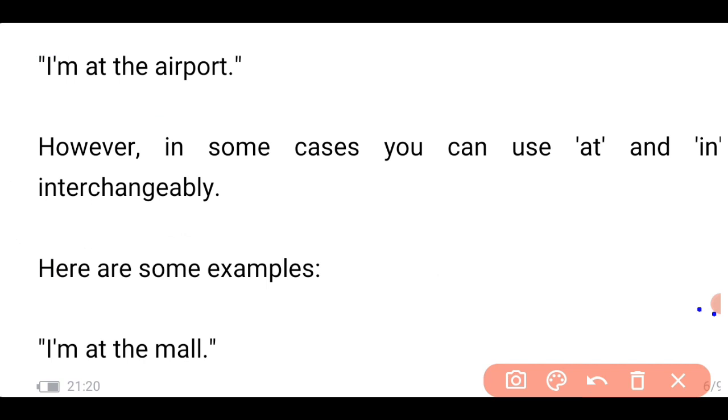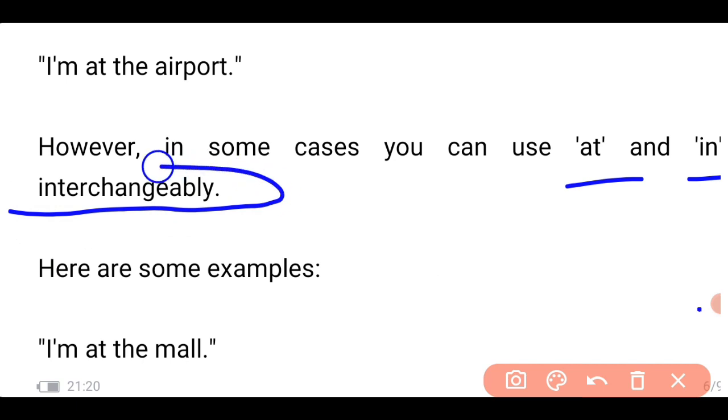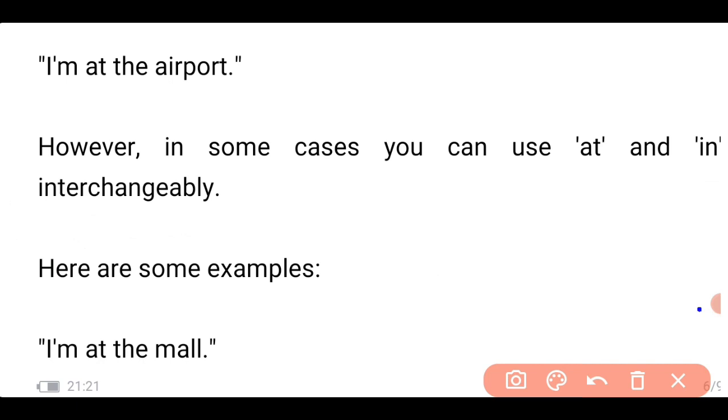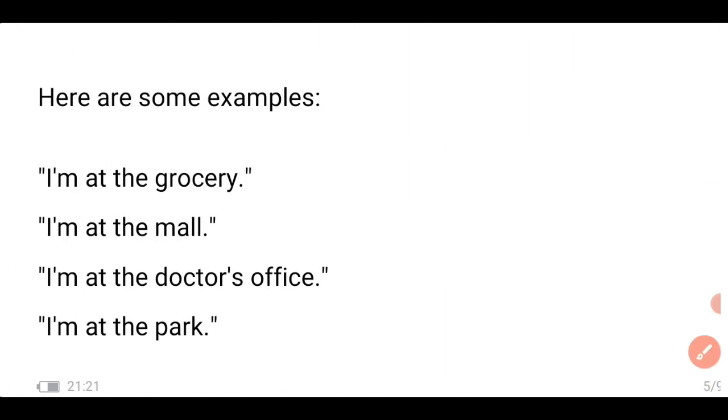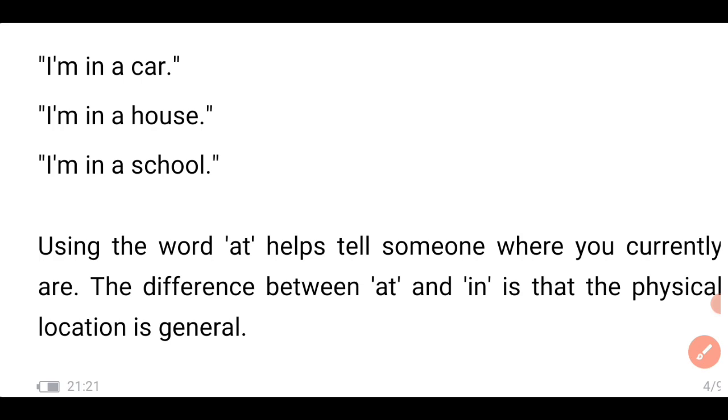However, in some cases you can use "at" or "in" interchangeably. The very important word: you can use these two words, "at" and "in," interchangeably, right? Here are some examples. I'm at the mall, right? In your previous examples you have studied, I'm at the grocery. I'm in the mall.